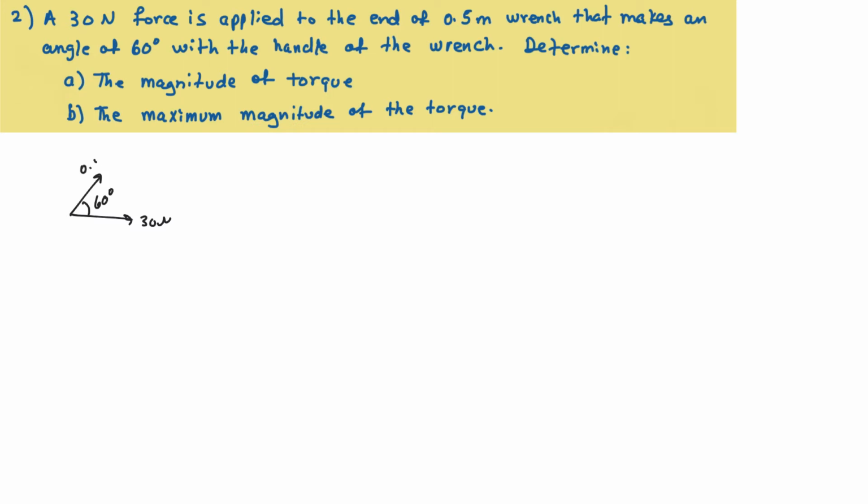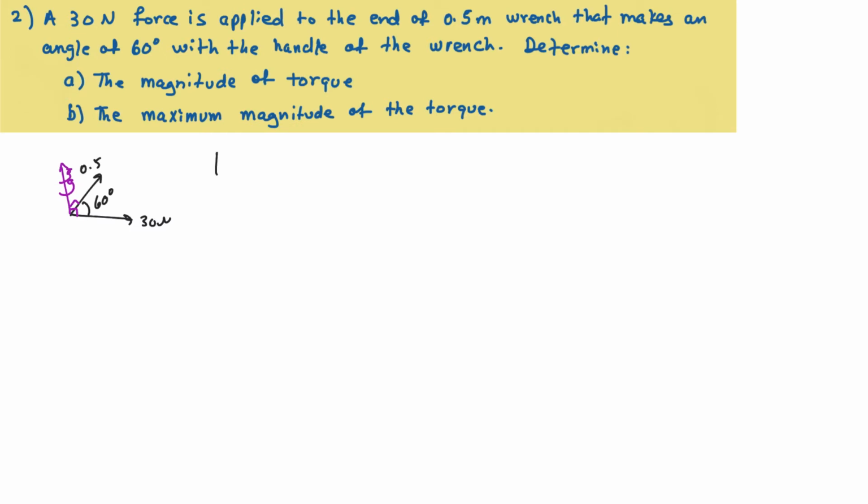For part A, we have a 30 Newton force, and 0.5 meters at an angle of 60 degrees. We're going to get a resultant vector which is perpendicular to both, and in terms of rotation, force crossed with displacement will have this direction of rotation, but we're not asked for that.